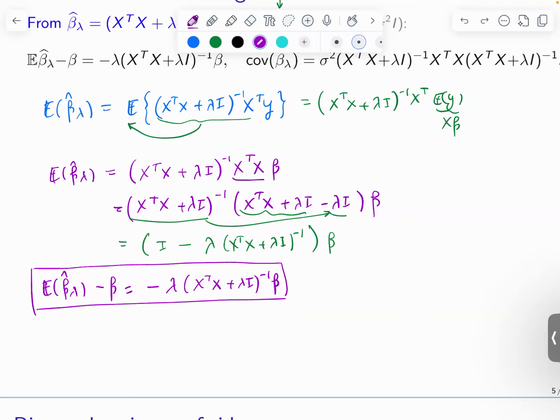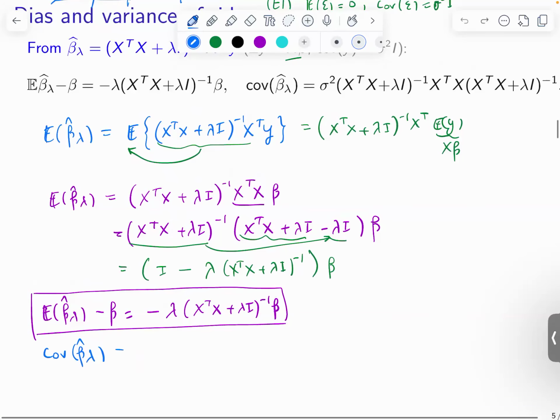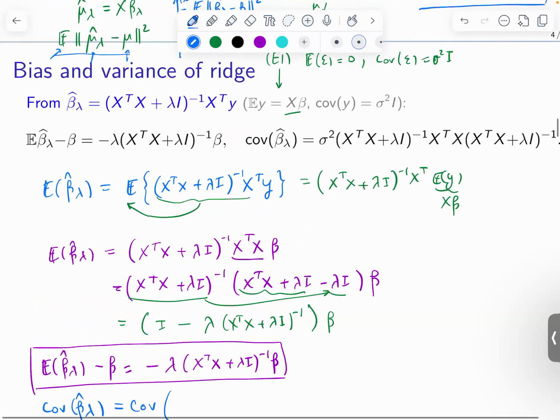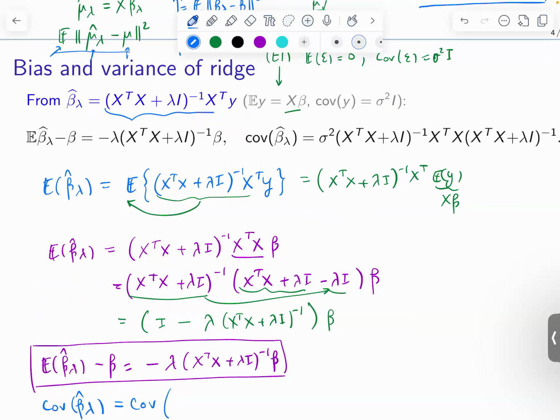Let's do the covariance. How do I calculate the covariance of beta at lambda? Same business. Let's call this A lambda, because that's going to be a messy thing.